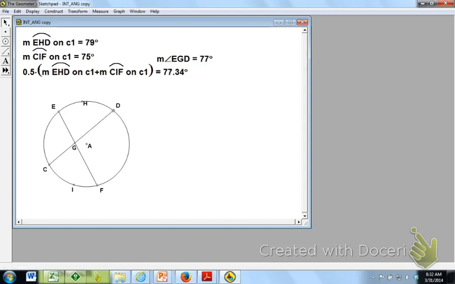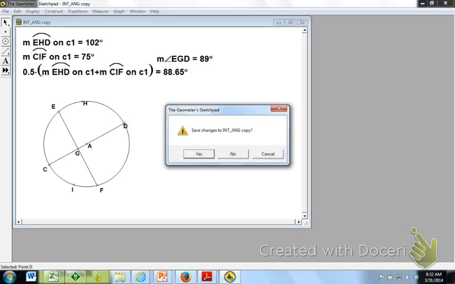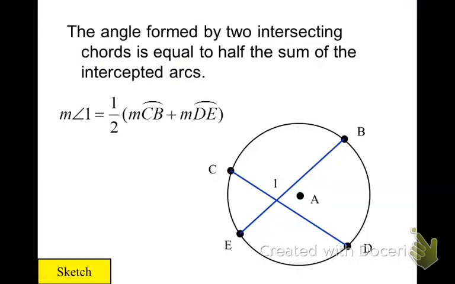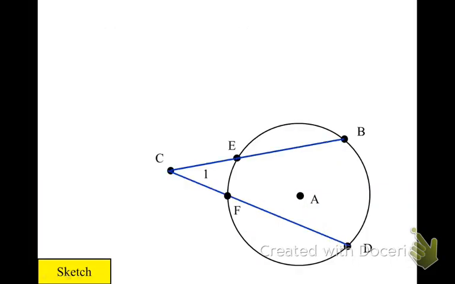And you can see that as I change that angle and make the arc bigger, it makes the angle bigger. 102 plus 75 divided by 2 is equal to 89. So angle inside the circle equals the average of the arcs.